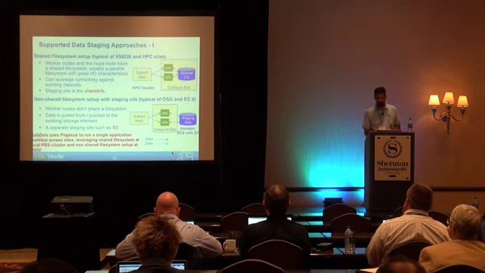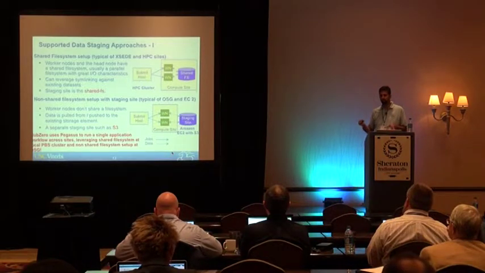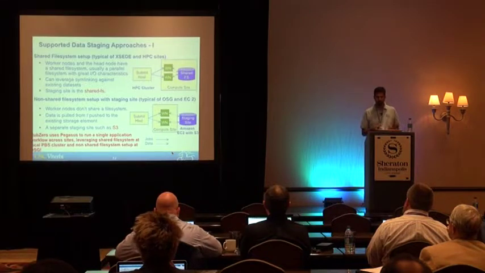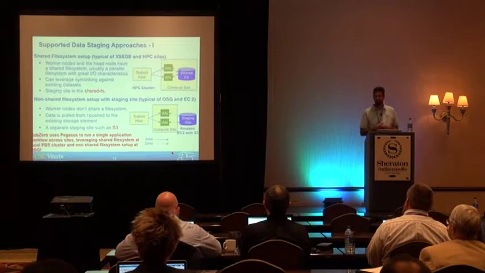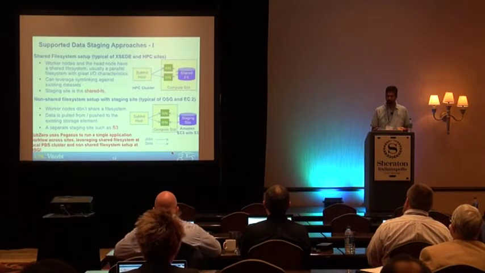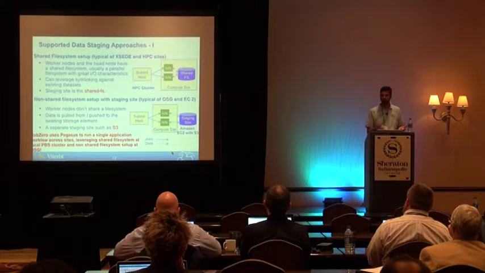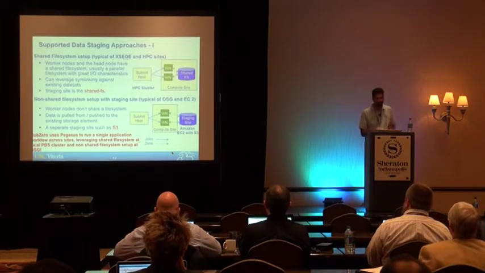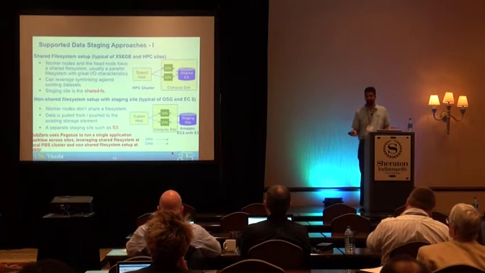So in that particular case, the execution nodes are decoupled from the staging servers which Open Science Grid provides, and that's a similar model which is followed whenever you try and run something in a cloud-based environment, where you would want to use these cloud-provided object stores, but as a user or a developer, you would not go through the hassle of setting up a shared file system across your running virtual instances at runtime.